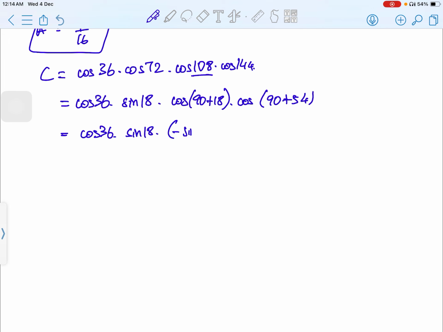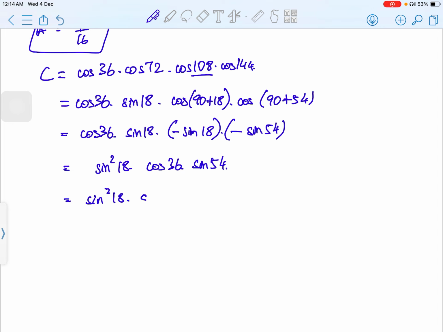This is minus of sin 18, minus of sin 54. So overall minus into minus is plus, it will come as sin square 18 cos 36 sin 54. Sin 54 you will write as cos 36, so sin square 18 cos square 36.